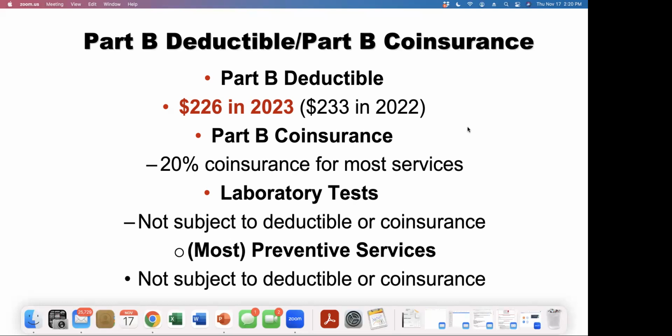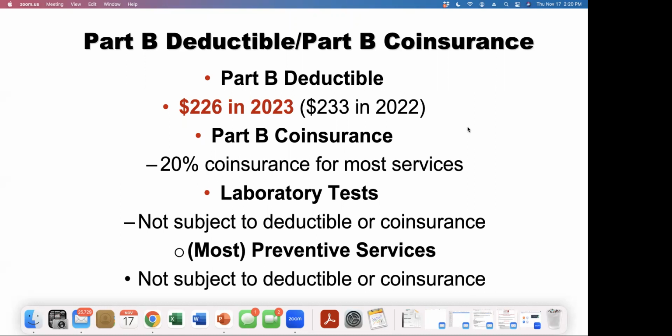You're responsible for the other 20%, and that other 20% is most often picked up by some form of supplemental insurance, either through a retiree benefit or through a privately purchased supplemental plan referred to as Medigap, because it covers the gaps that Medicare doesn't cover. And we'll talk about Medigap plans in greater detail shortly.